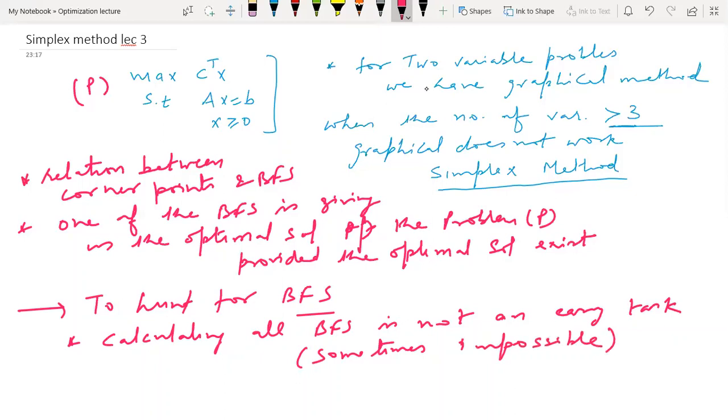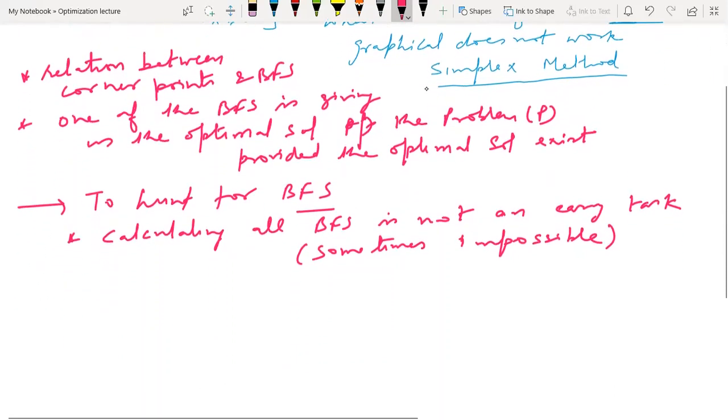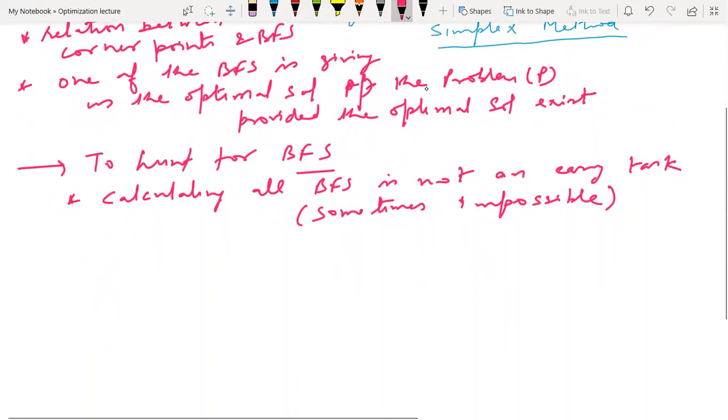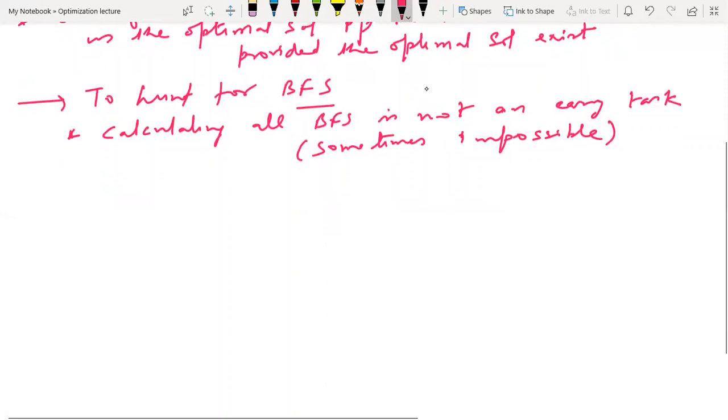So that was the reason we need to look for an algorithm that gives us the optimal solution without calculating all the basic feasible solutions. So we had our simplex method. Next we have our simplex method.